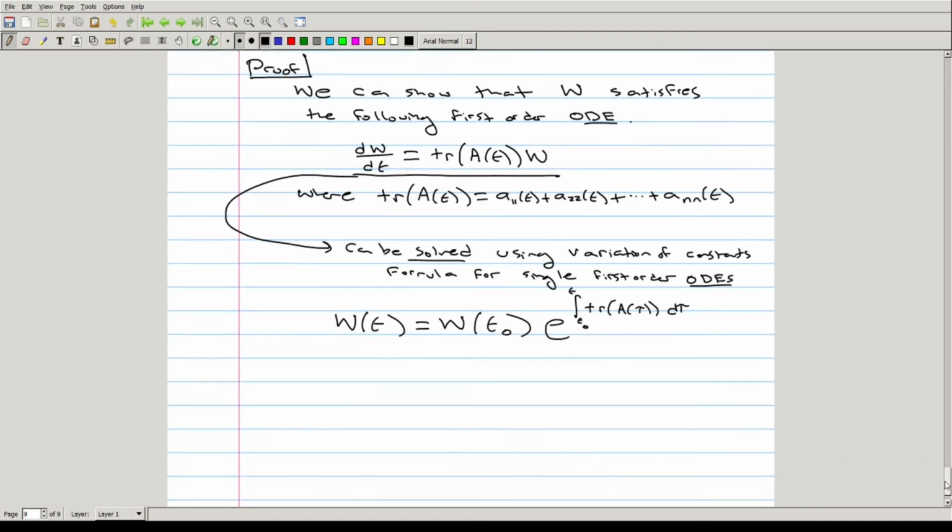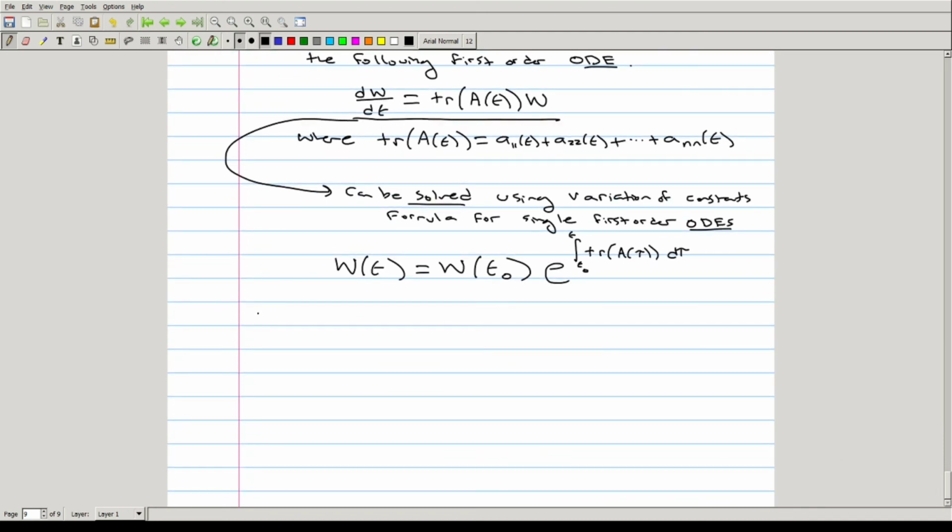And this function is either always 0, if the Wronskian at t naught is 0, or always non-zero.